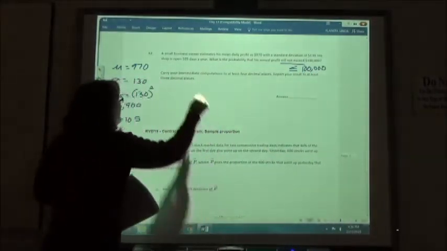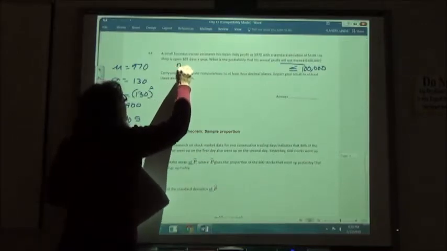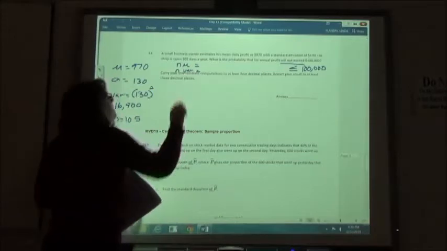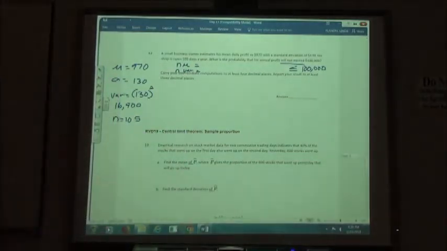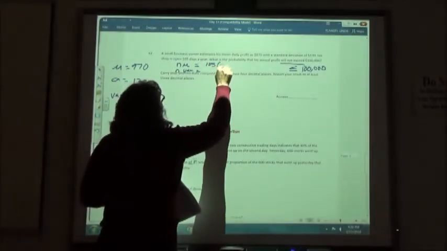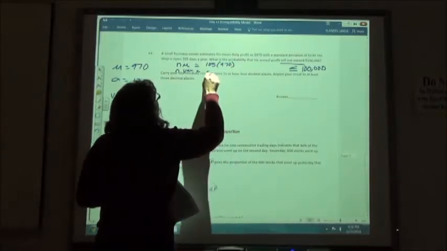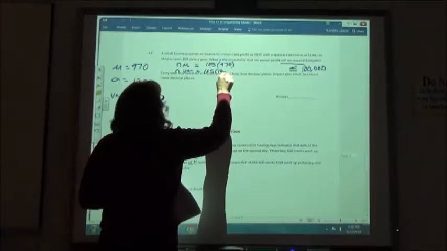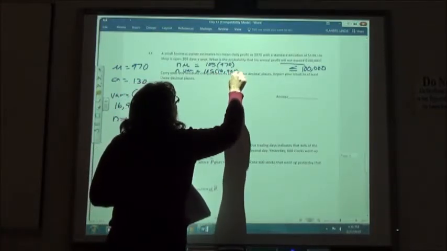So we're going to first of all calculate n times the mean and n times the variance. So n is 105 times our mean, which is 970, and then 105 times our variance, which was 16,900.